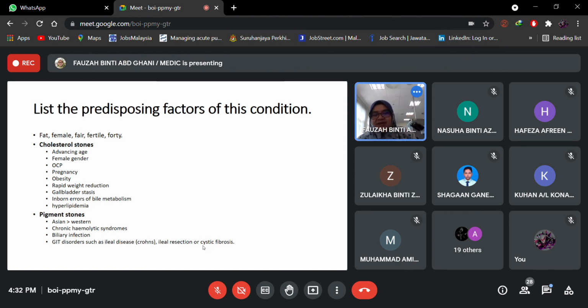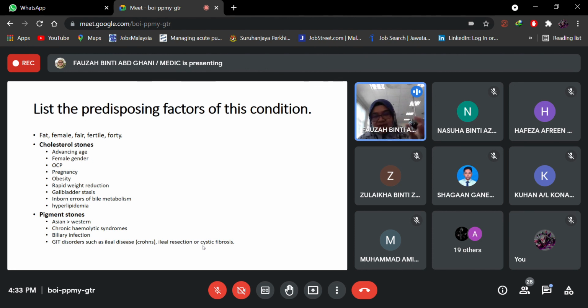But if the stone is obstructing the common bile duct, and secondarily there is bacterial invasion to the area, then it can cause cholangitis.